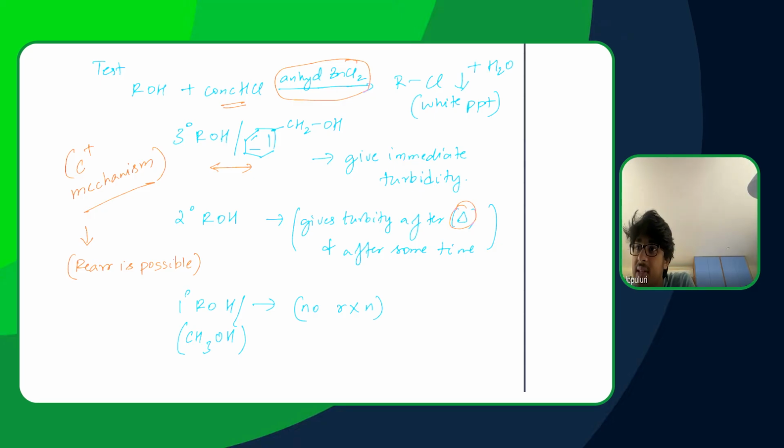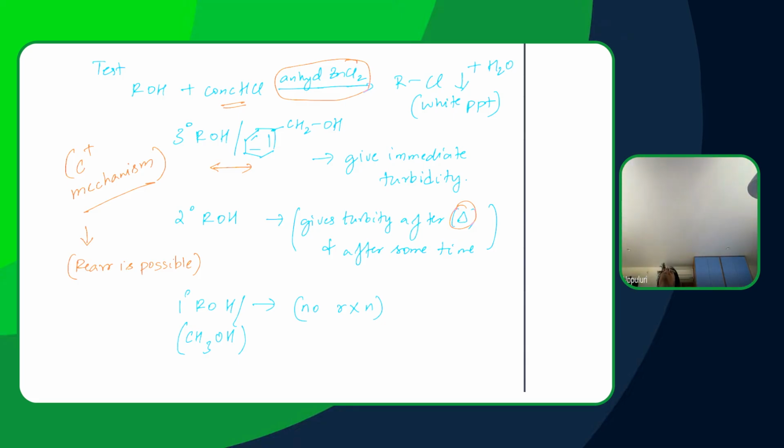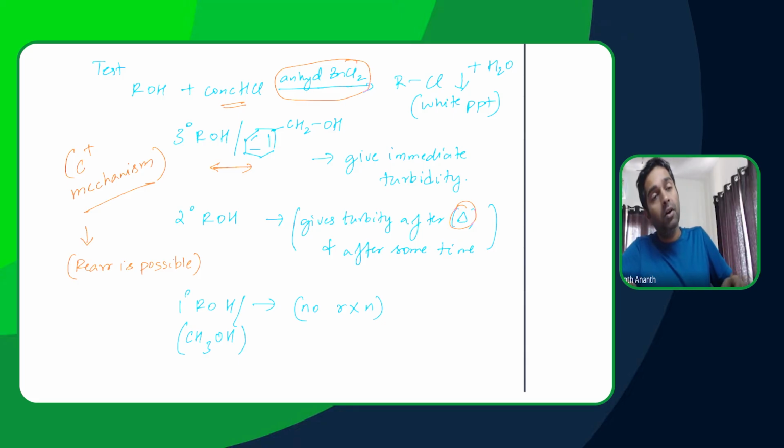So the concentrated HCl is for the H plus generation. Good. And then you want a high concentration of that. ZnCl2 is also for that only actually. Because when you want H plus generated over there, you need something else to accept the Cl minus. There is no water in this particular case.